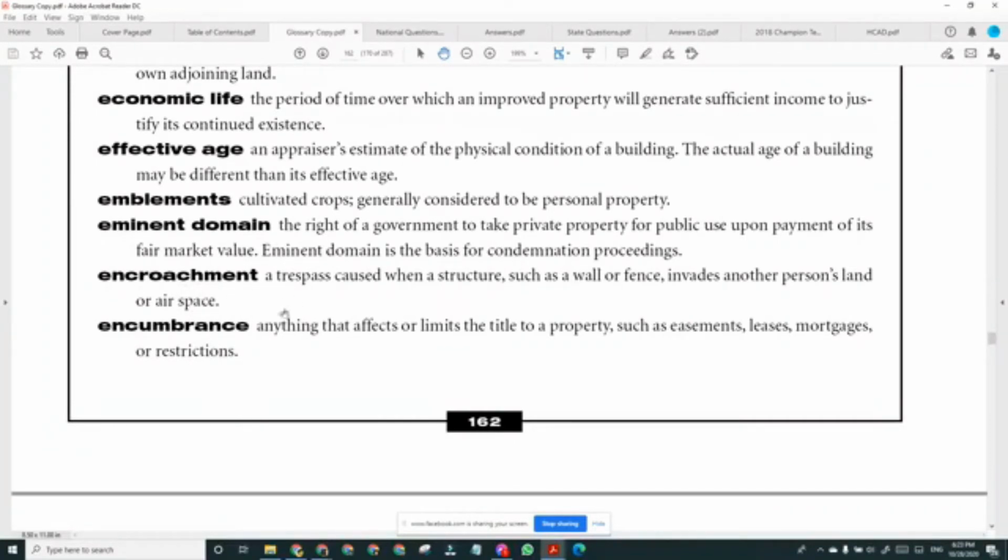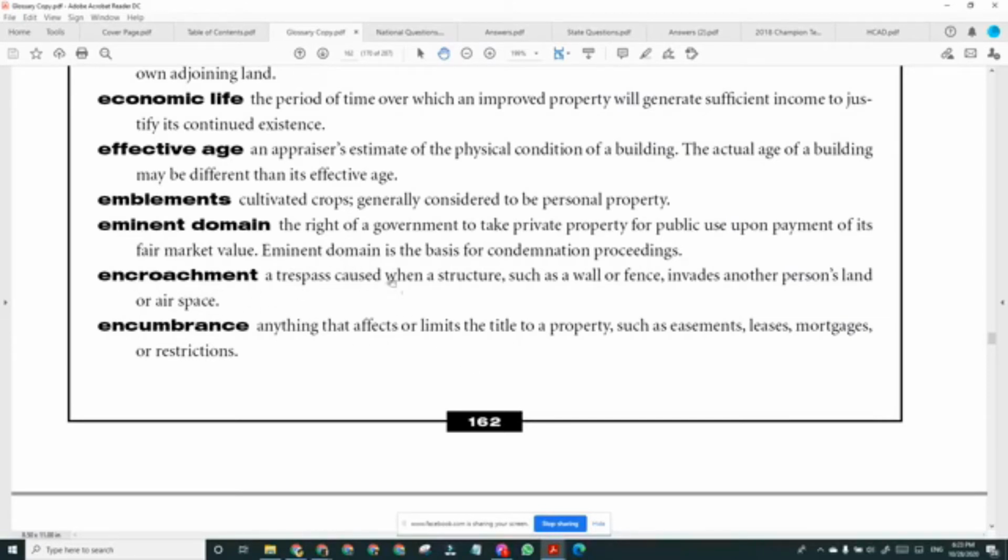Encroachment. A trespass caused, so think of roach. What do roaches do? They encroach on everything around our house, right? They trespass through the cabinet, the floor, under the washer, under the refrigerator, through our clothes. So roaches trespass, so encroachment.